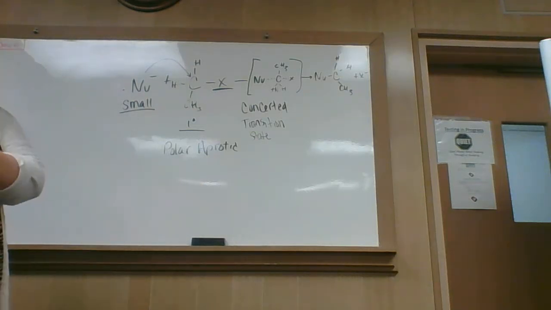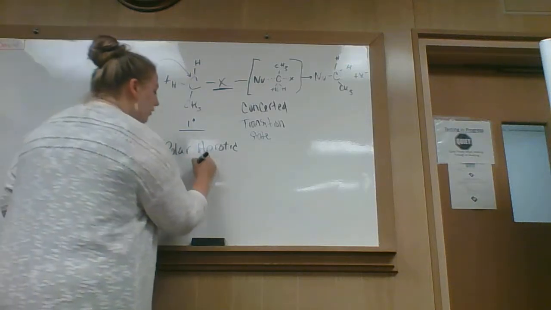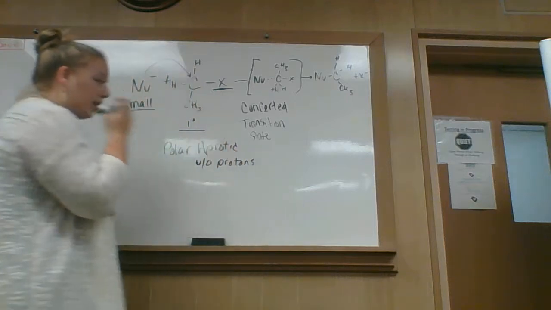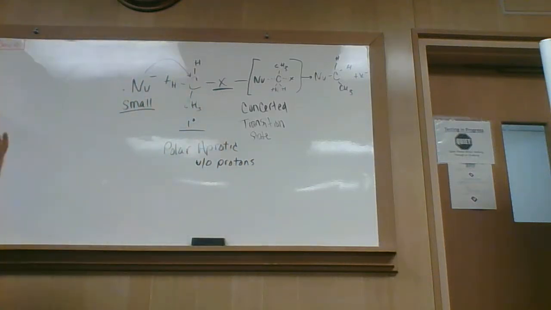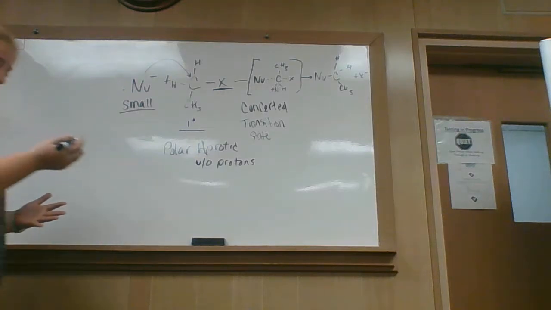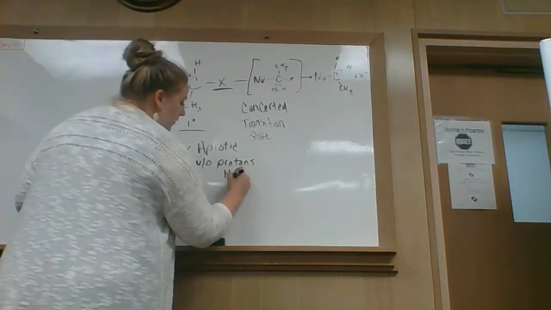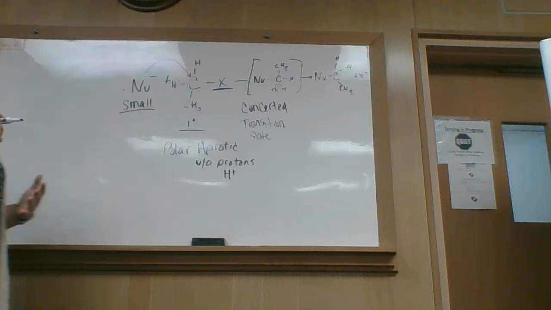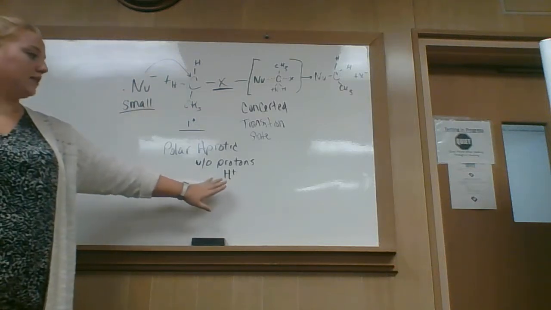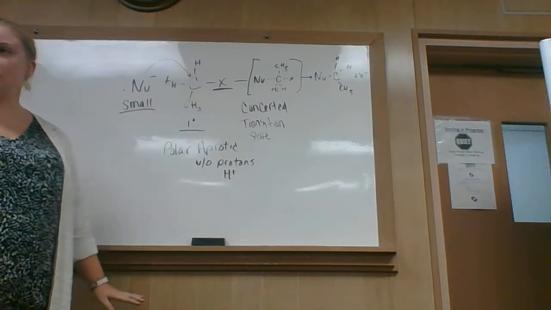Without, or not. Good. So polar without protons. And again, it's important to remember proton. You may think of it as just something inside the nucleus, but it can also be referred to as H+ ions. So a polar solvent that does not produce H+ ions.